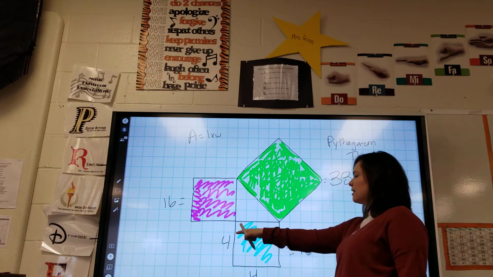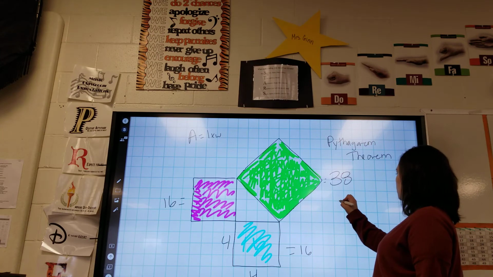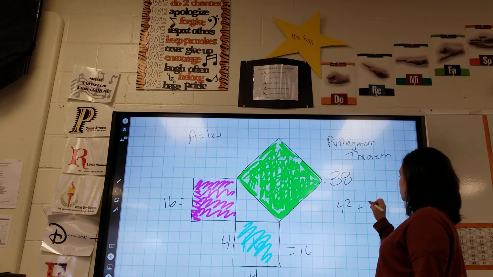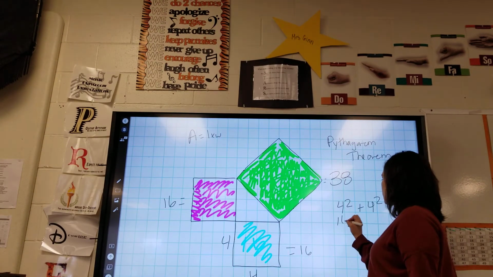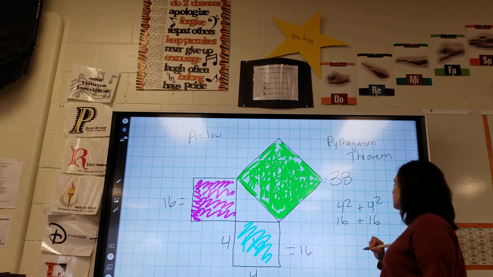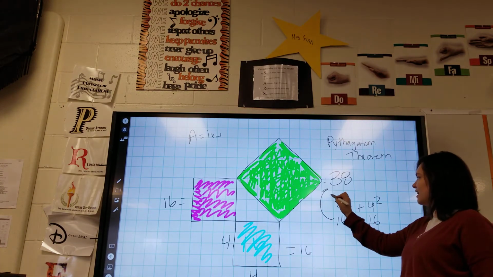But in order to find that, we took 4 and we squared it. We took it times itself. So we have 4 squared plus 4 squared. Those we know both equal 16. Well, what is 16 plus 16? I'll give you a hint. It's 38.